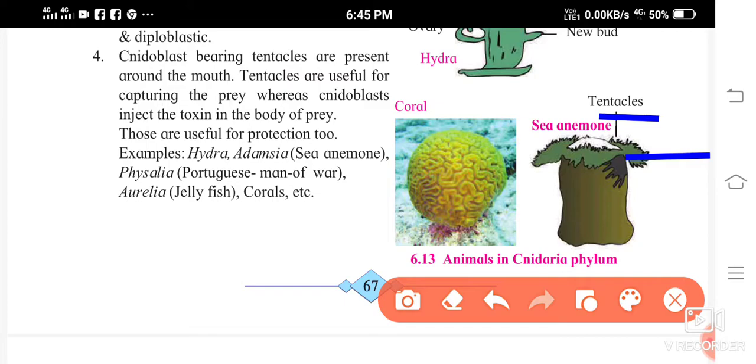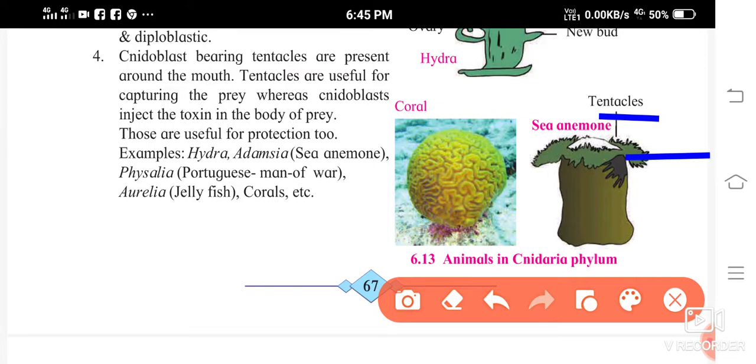What will happen if this toxin is injected? The prey will get paralyzed, isn't it? So then the tentacles can easily capture the prey. They are useful for protection too.